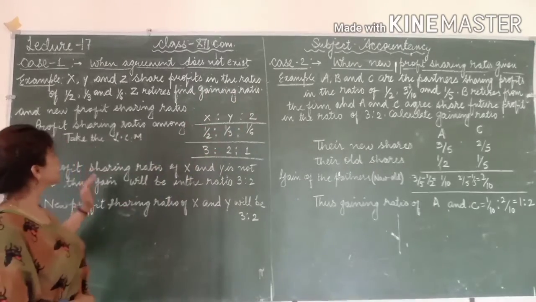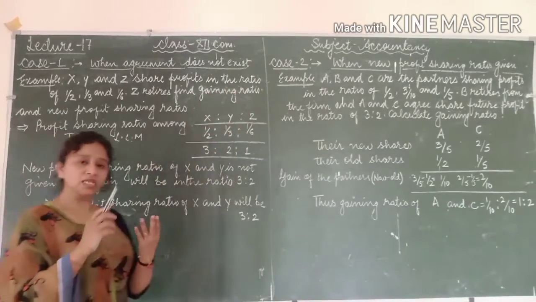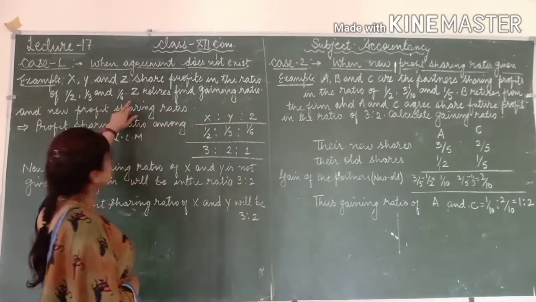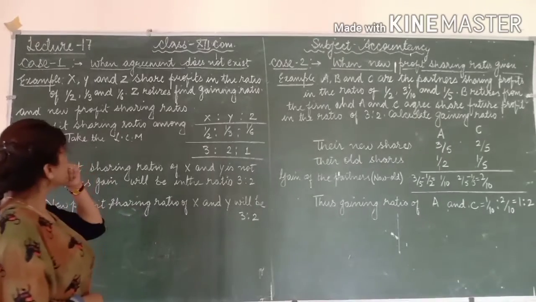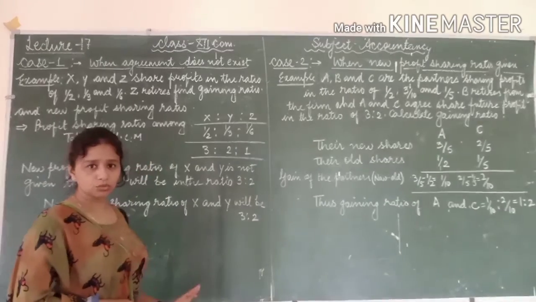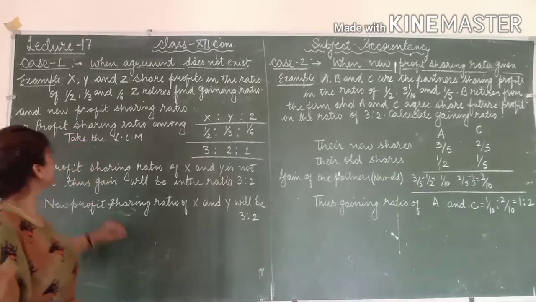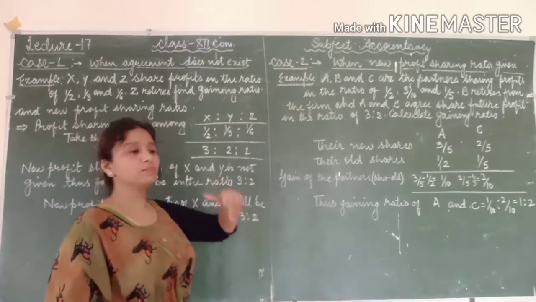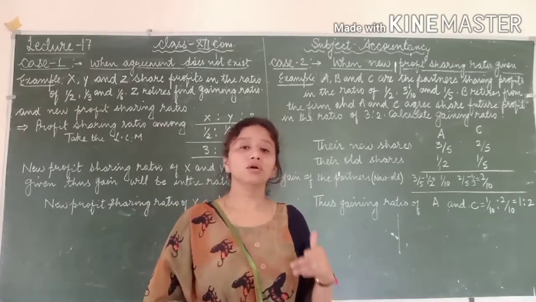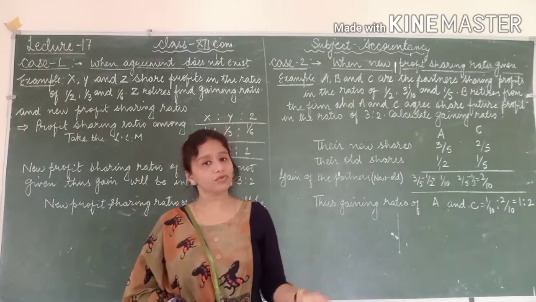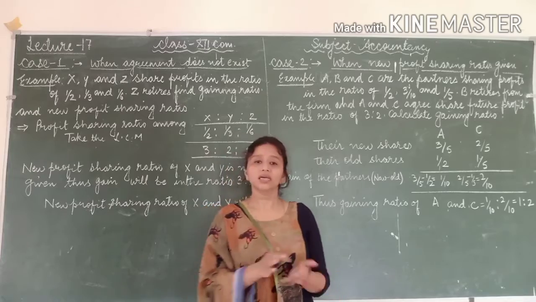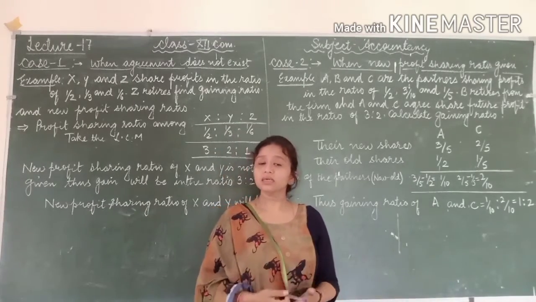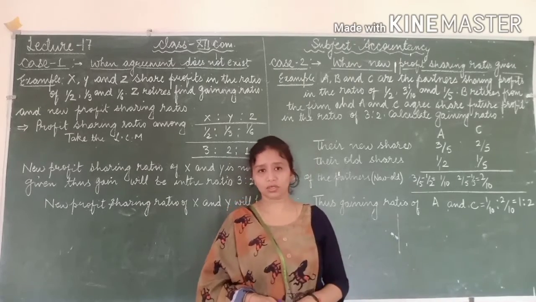So here in the first example, there are three partners, X, Y and Z. Z retires and we find the gaining ratio. You have to calculate your gaining ratio as well as the new profit sharing ratio. And you know that if the new profit sharing ratio is not given, the gaining ratio is the profit sharing ratio.